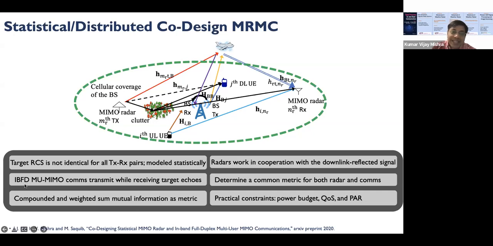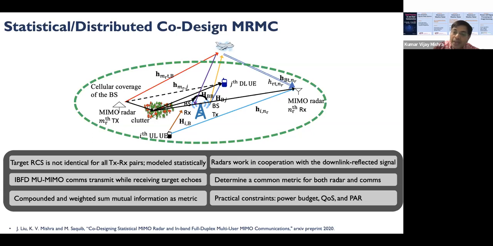And here we use in-band MU-MIMO, so we have this self-interference as well. We started with the system model, and then we looked into a common metric to design these four quantities that I mentioned: the precoders for both UL and DL, the receive filters, and the radar code matrix.